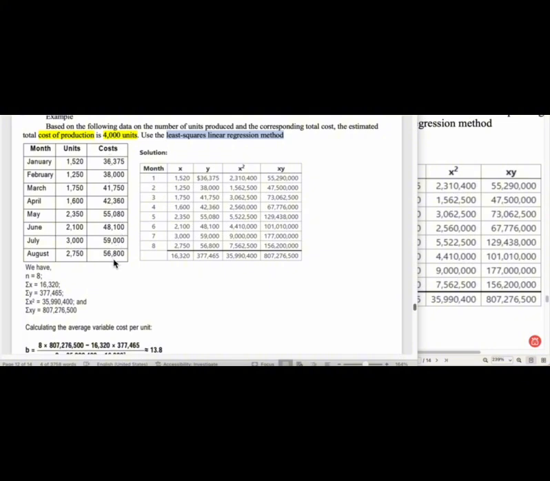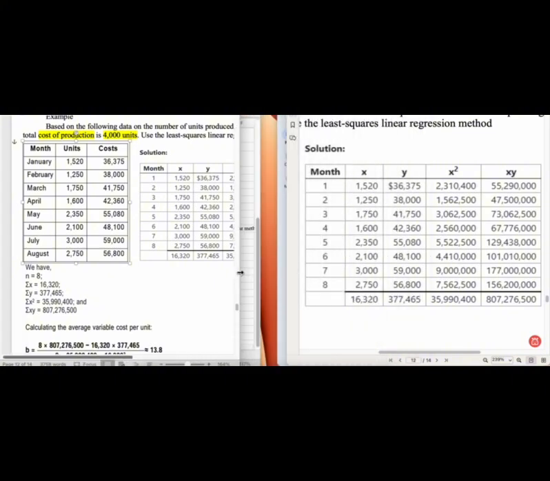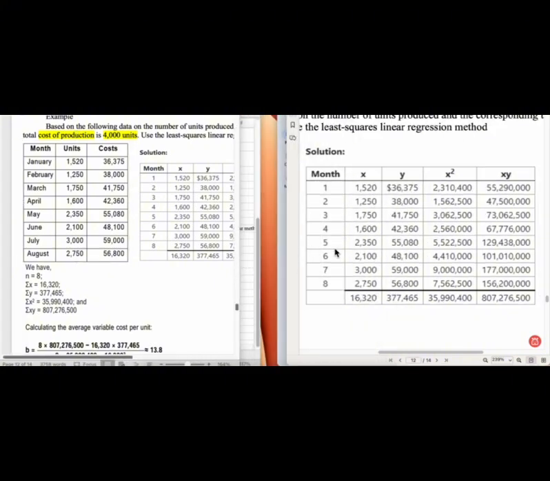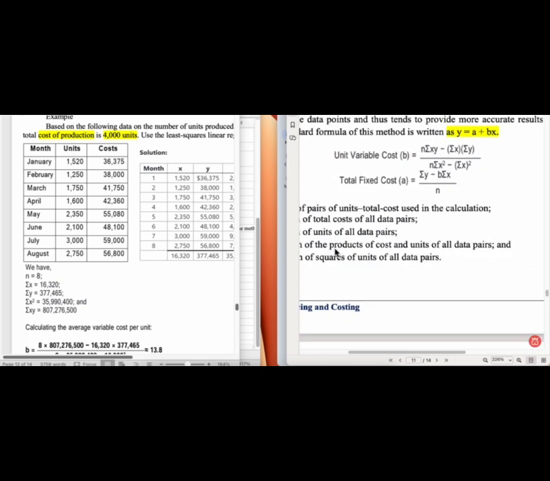So that's given. From January, 1 2 3 4 5 6 7 8, so we have 8 months. So n is equal to 8. Okay, remember our formula is this one.